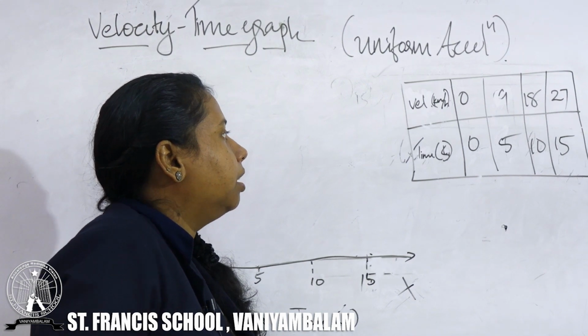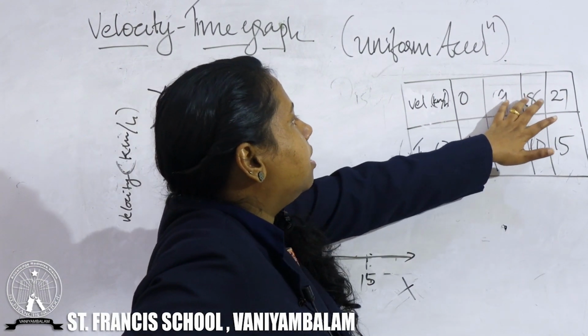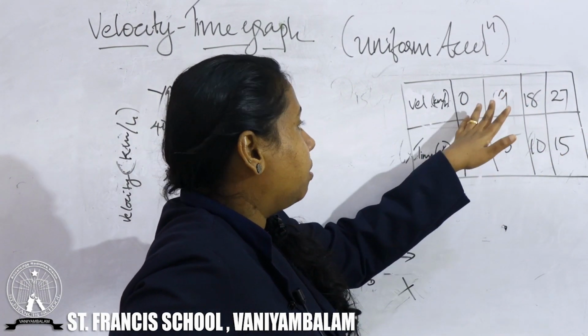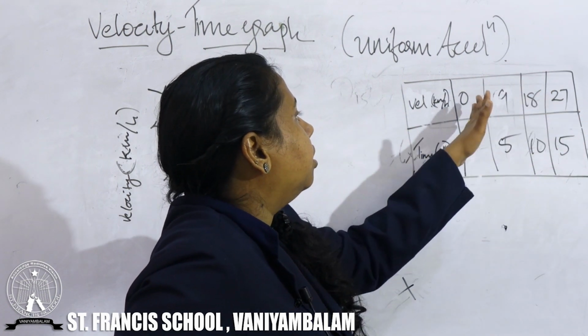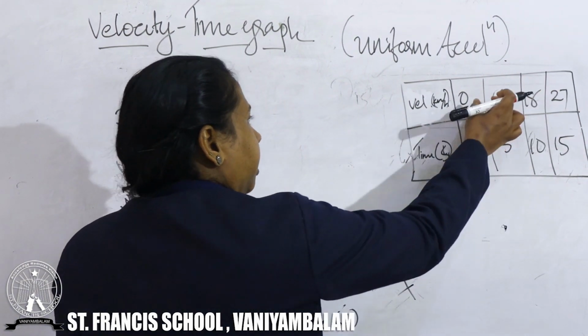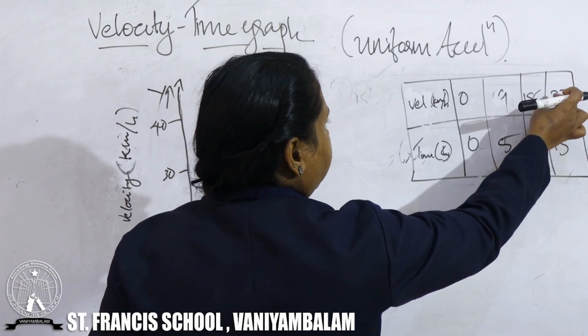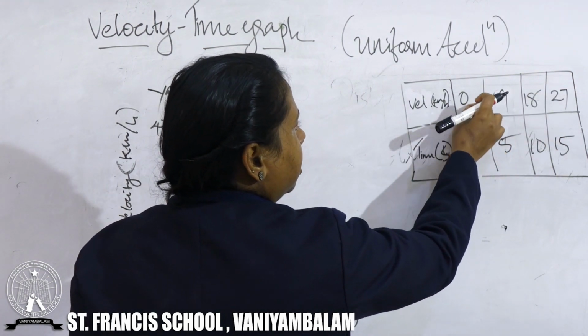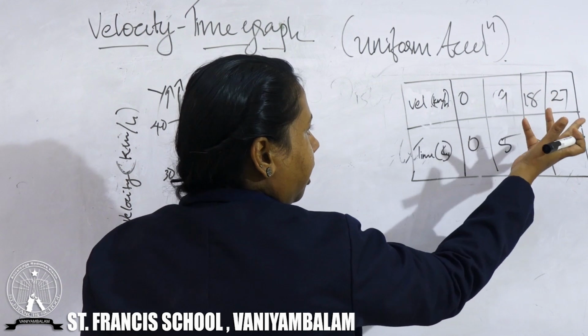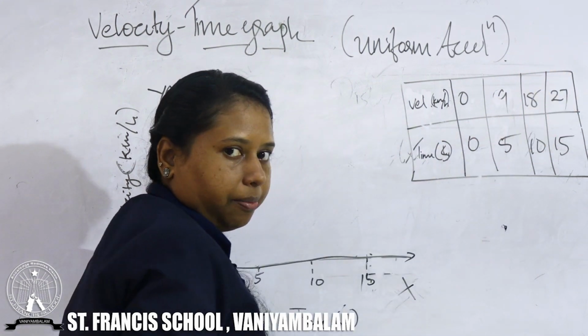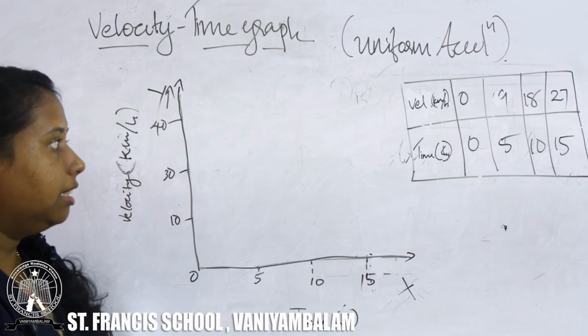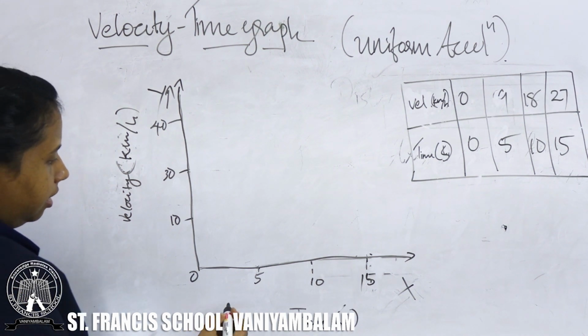Means the velocity is increasing uniformly. Here it is 9, then 9, then 9: 0 to 9, 9 to 18, 18 to 27, also 9. Uniformly increasing. Let us see the graph.